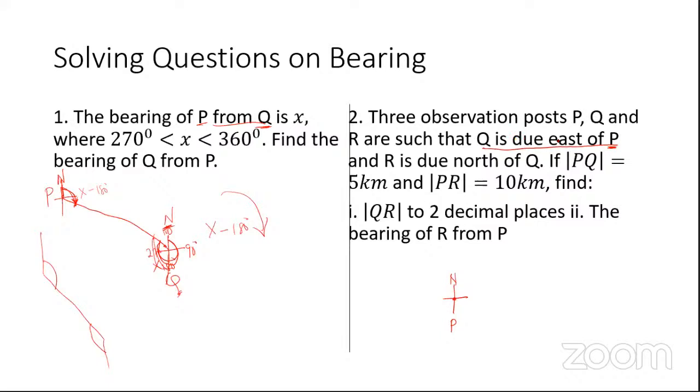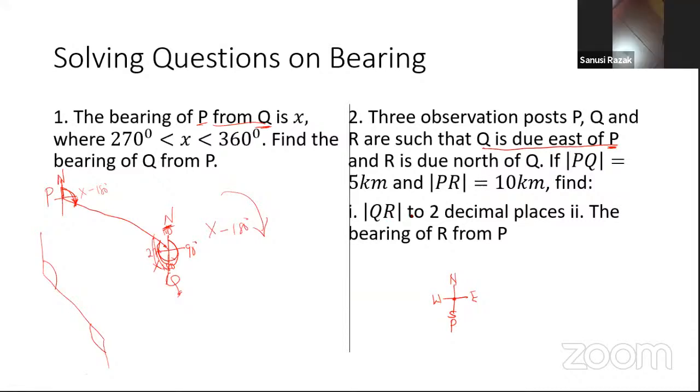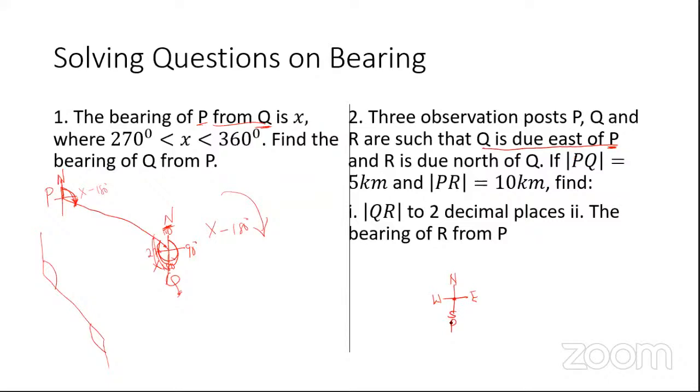But in this case, they have mentioned the compass bearing. So this is our north, this is our south, this is west, and this is east. Since they have said Q is due east of P, this is the east of P, so Q will be somewhere here. Let Q be here. We are through with that.